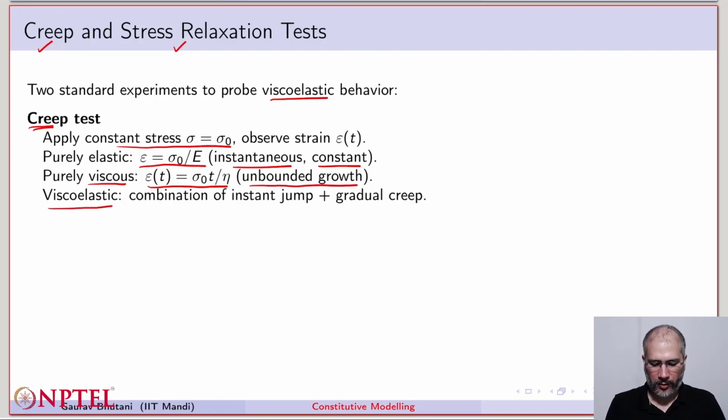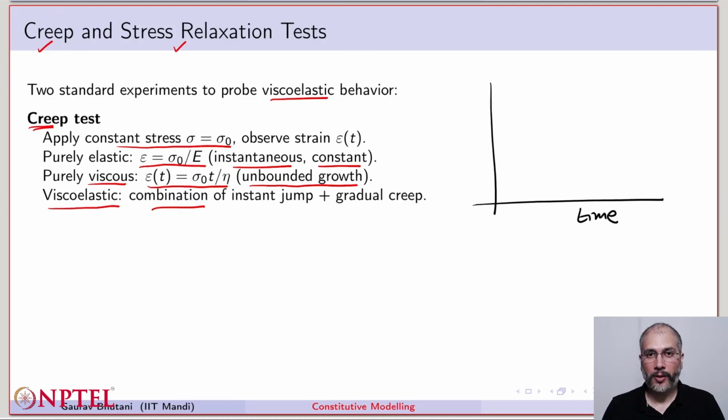But in the case of viscoelastic fluids, which show both the viscous and the elastic behavior, there's a combination here. So let's plot and see what happens. In this test, we have a constant stress sigma naught and we are measuring the strain over time. What we'll see is that for these viscoelastic fluids, there's an instant jump in the strain.